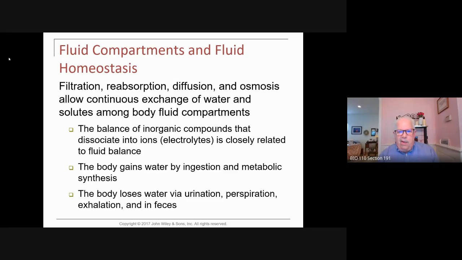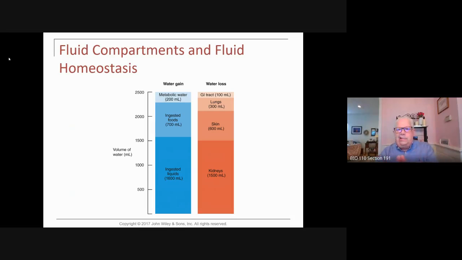Okay? So those are the waste systems. And there's a balance. There's water gain and water loss. Water gain. The majority of the water that you gain is the water that you drink. It doesn't have to be pure water.